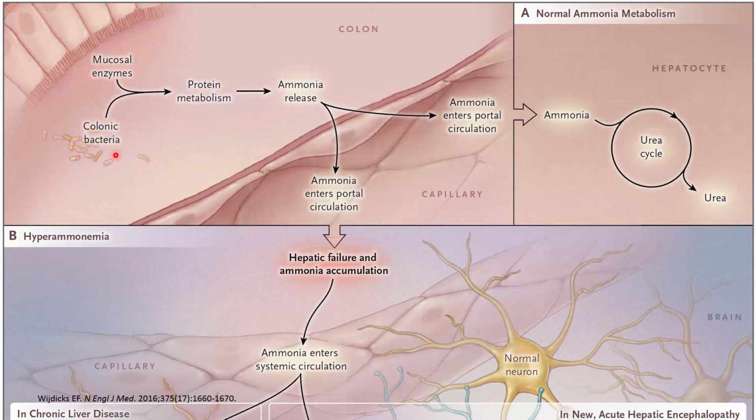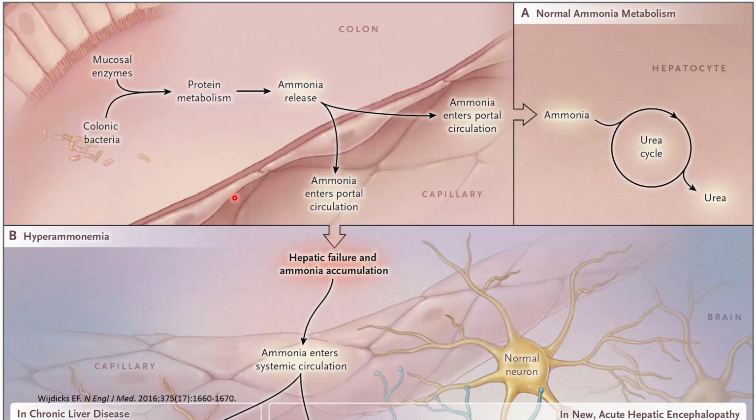So because ammonia is a byproduct of these normal flora, ammonia gets absorbed into the system. And in a normal person without cirrhosis, this ammonia goes into the liver and is converted to urea. So it doesn't really cause any problem.